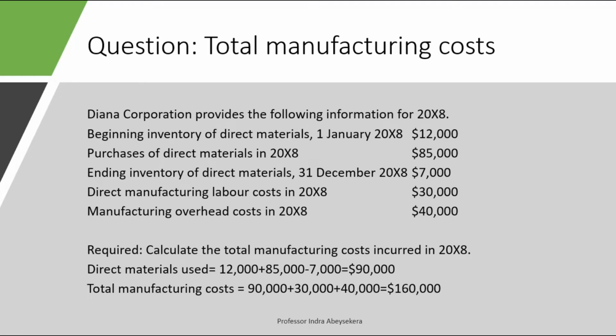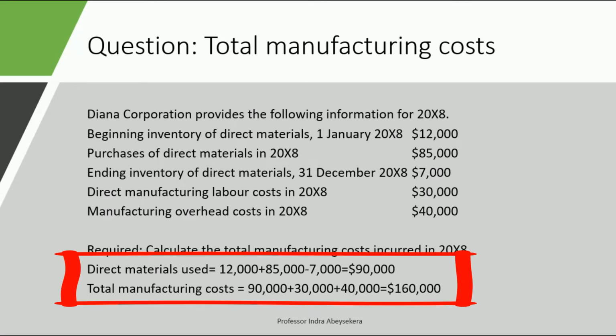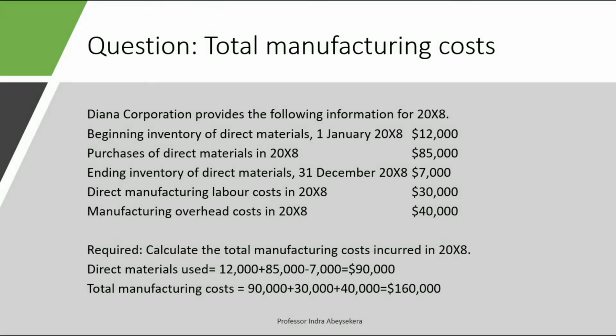So we need to calculate the total manufacturing costs incurred. Direct material used here is 12,000 plus 85,000, and we have to take away the inventory that was not converted into finished goods, which is 7,000. That equals 90,000.